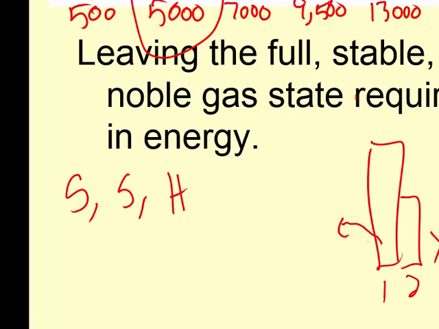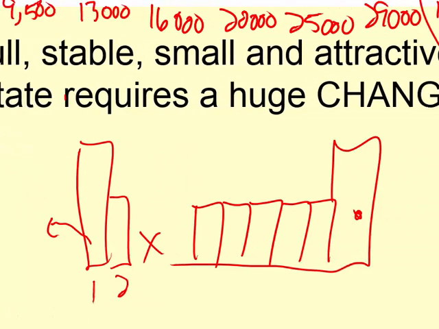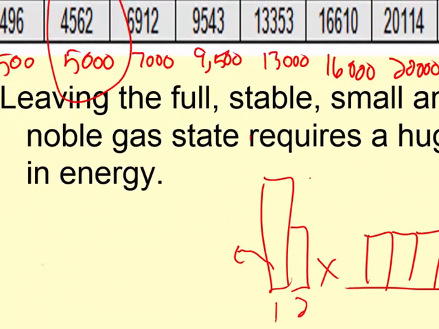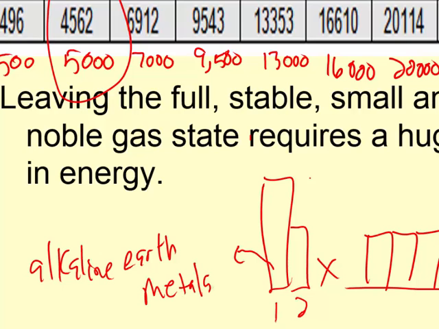If the third one is huge, my second one would be small, and my first one would be small. That would indicate it's the alkaline earth metals. And we'll do more with those in class.